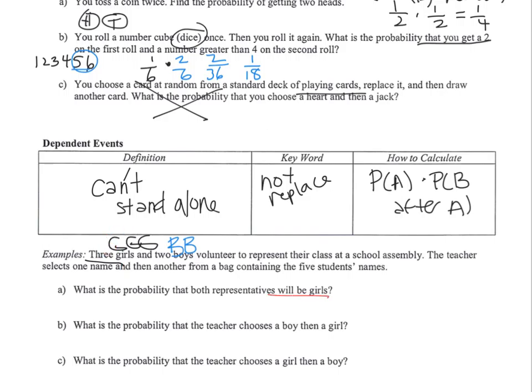So both girls would be, what's the probability you get a girl, which is 3 out of 5, and then pretend that one of these girls is gone. So now it's going to be 2 out of 4. This is going to be 6/20, which is 3/10.